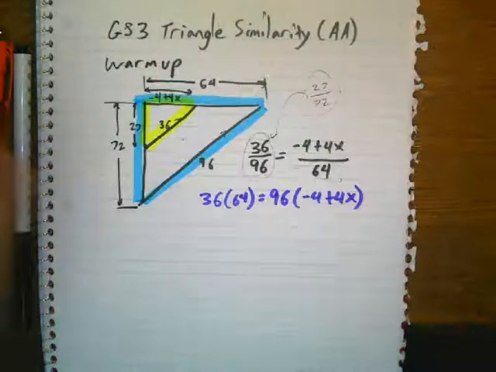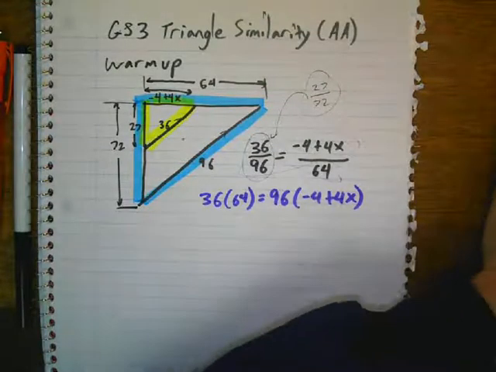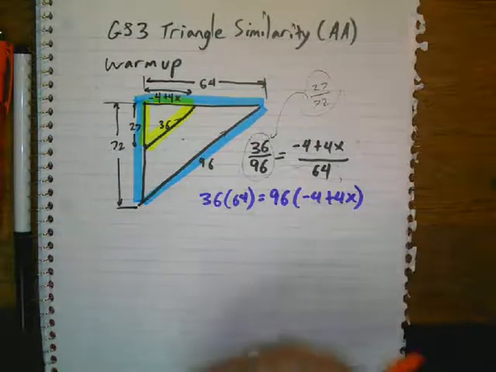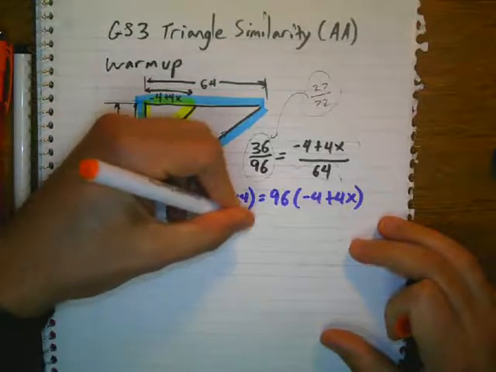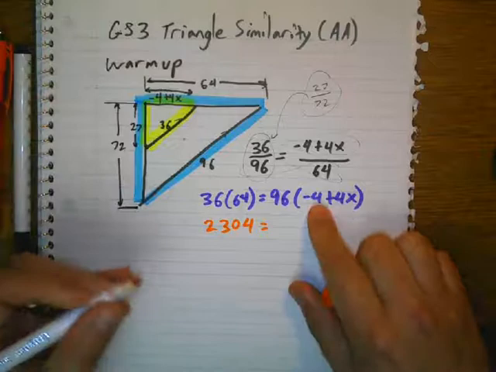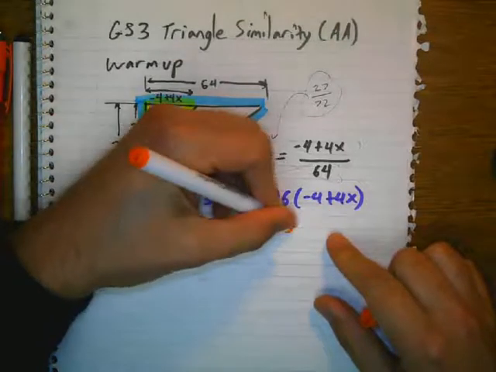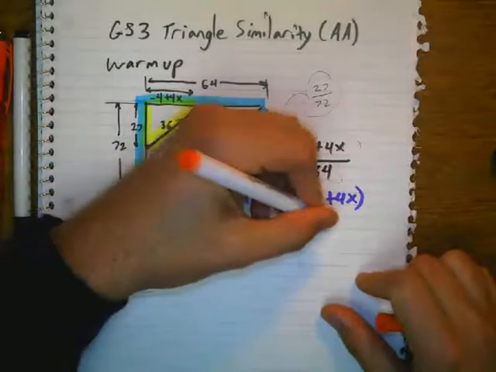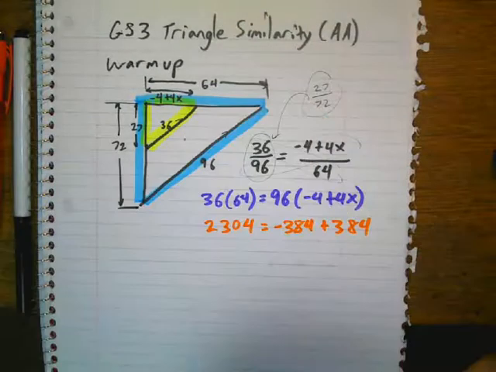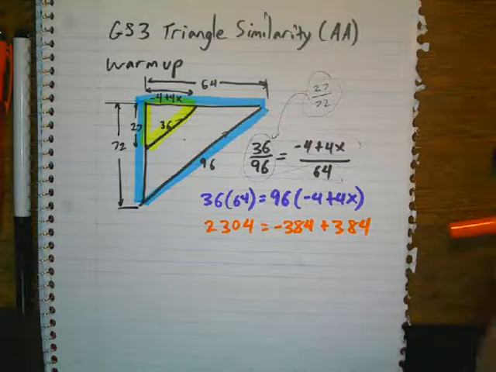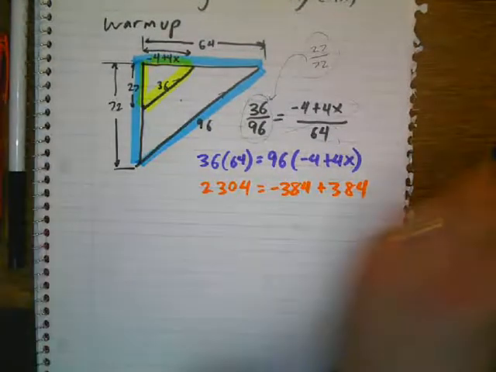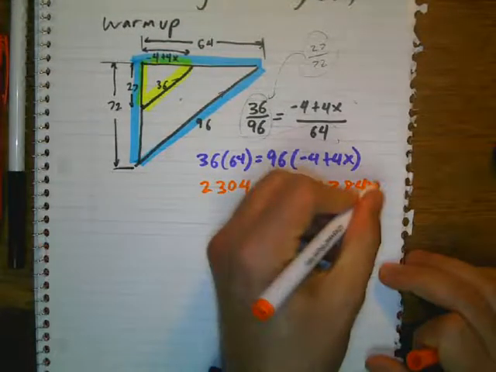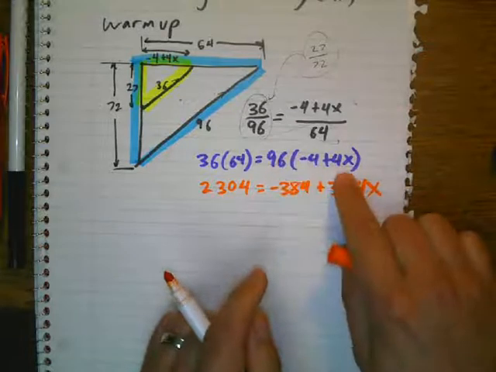Okay, I can multiply 36 times 64, and I get 2304 equals, and then 96 times -4 gives me -384 plus 384x. I forgot the x. Right, 96 times 4x gives me that.